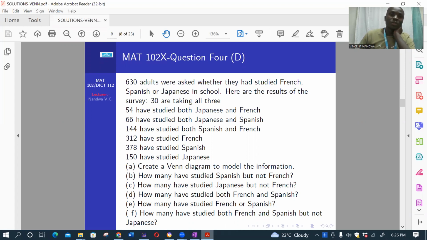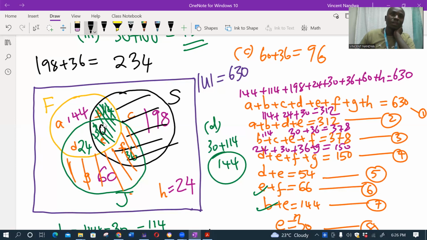So both French and Spanish means where S and F meet. So S and F meet at these points here, so 144.